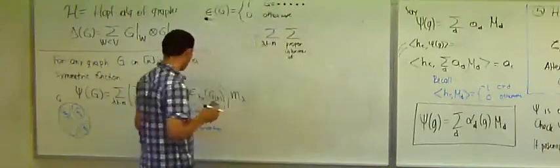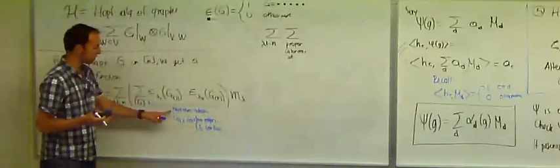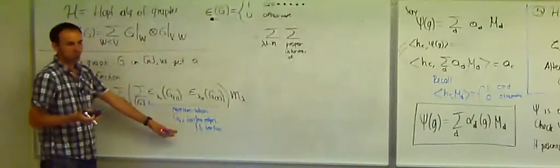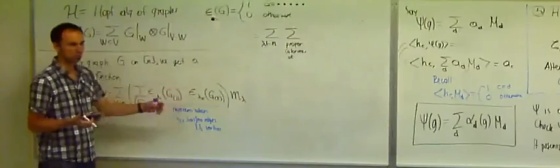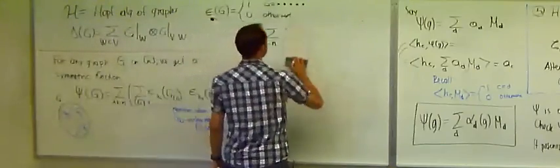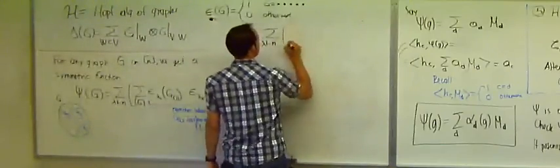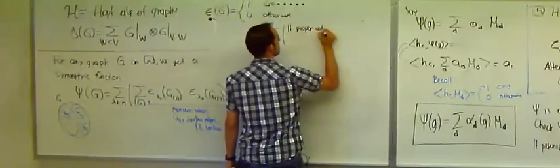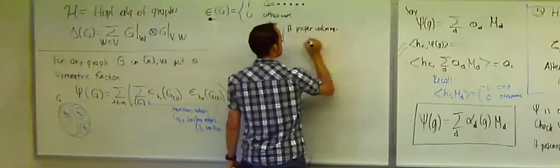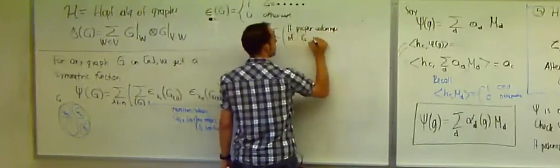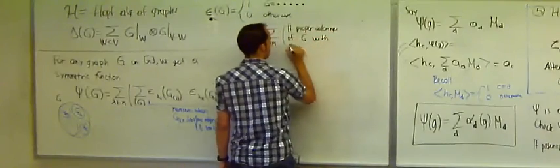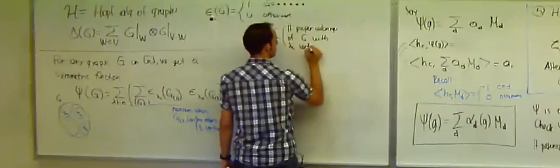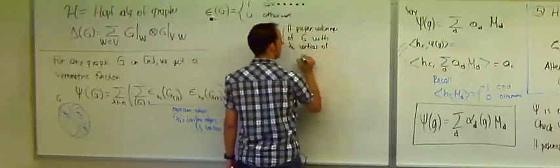And by the way, this is non-zero in this case, and if it's non-zero, it's 1, right? Because this is just a bunch of 1s. So really what I get here is just the number of proper colorings of G with lambda i vertices of color i.